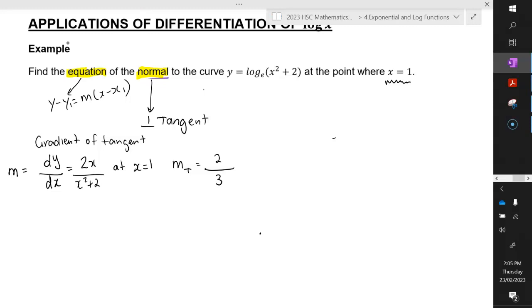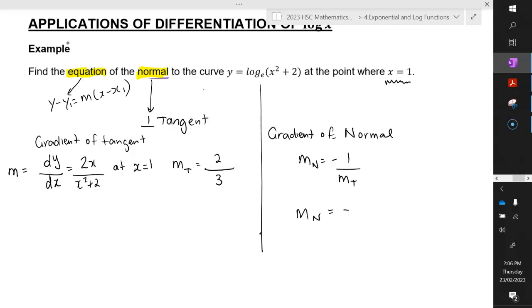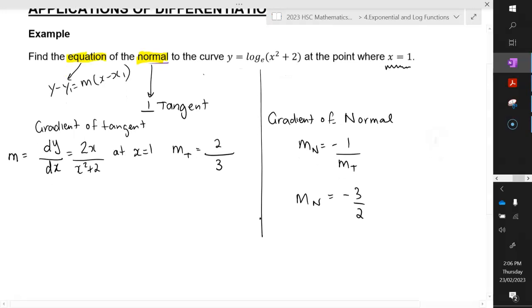Now that is going to help us find the gradient of our normal. Do you remember what the equation is for that or how we work that out? The gradient of our normal is minus 1 and we flip over our gradient of our tangent. So our normal gradient is going to be minus 3 over 2.